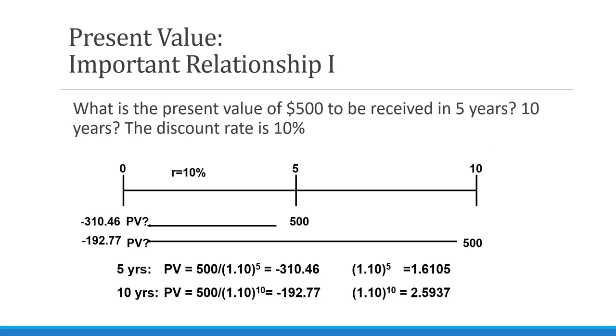For 5 years at 10%, the present value is $310.46. If we extend that $500 out to 10 years, then the present value is $192.77.